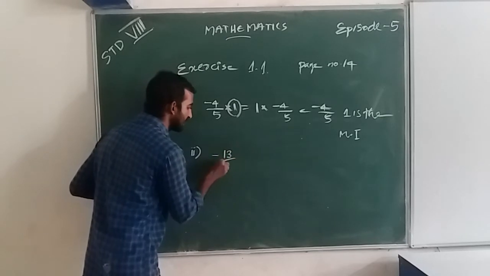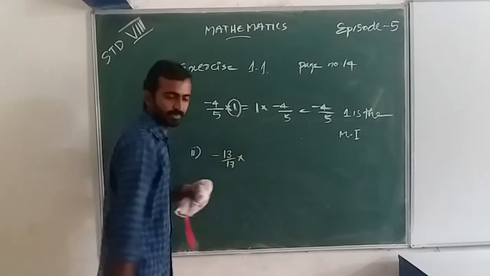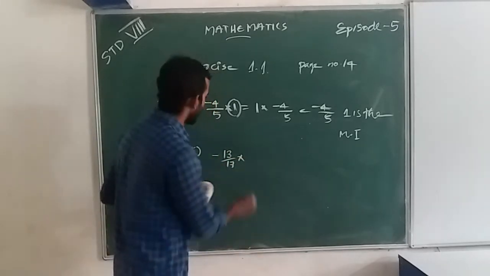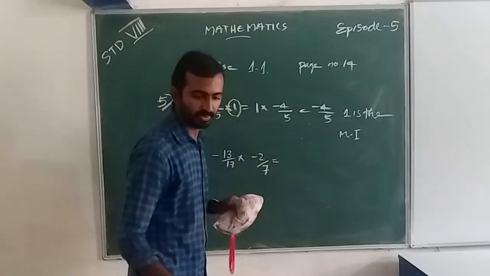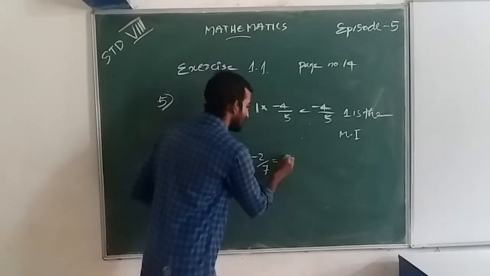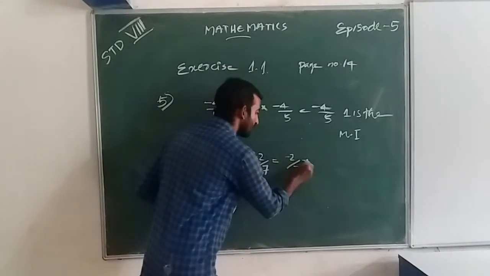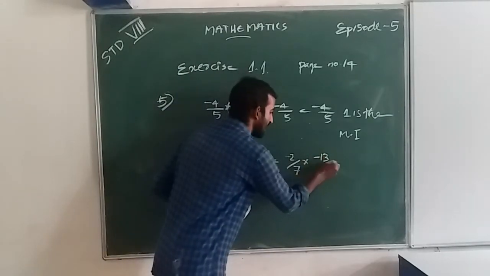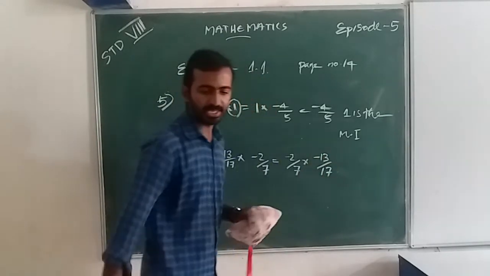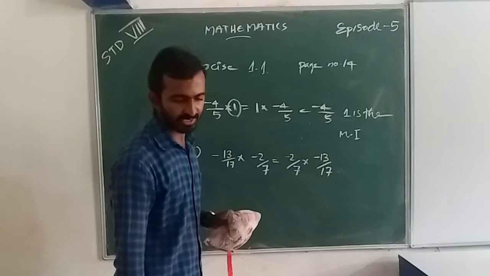Negative 13 by 70 into negative 2 by 7 equal to negative 2 by 7 into negative 13 by 70.